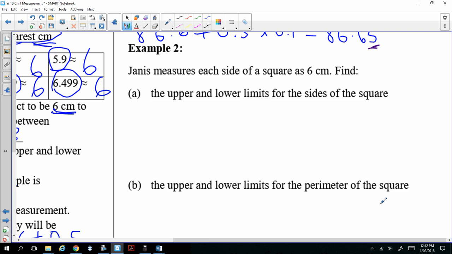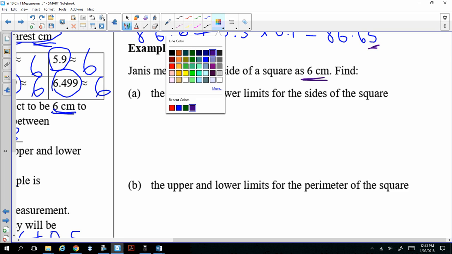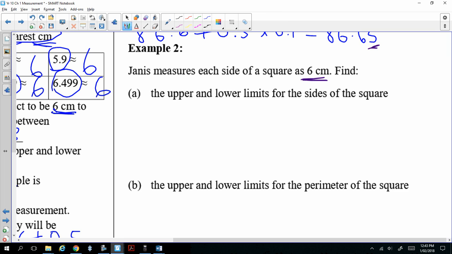What we're going to do is find the upper and lower limit of accuracy for the sides of the square. First, you find the smallest unit. Because it's rounded to the centimeter, the smallest unit is 1 centimeter. The lower limit can be calculated by doing 6 cm minus 0.5 times 1 cm.